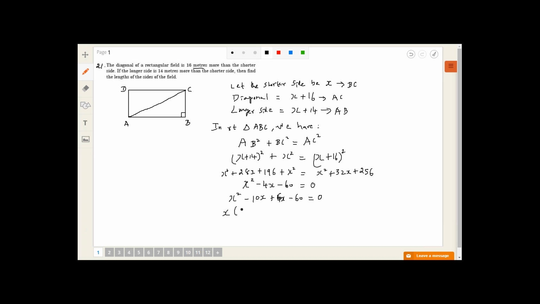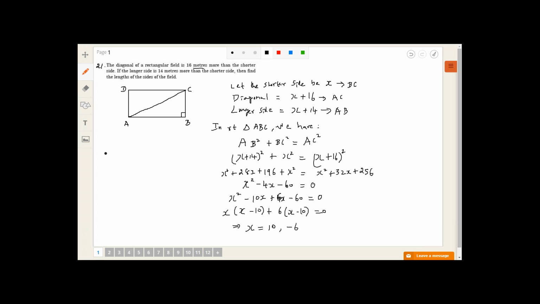So this will be x into x minus 10 plus 6 into x minus 10. So solving, we get x is equal to 10 and minus 6, but x equal to minus 6 will not be considered because the length of a rectangle cannot be negative. So x is equal to 10 is the answer.